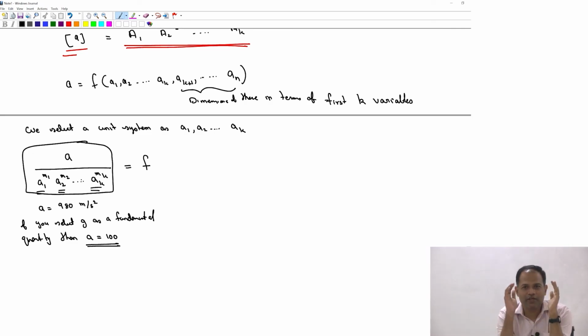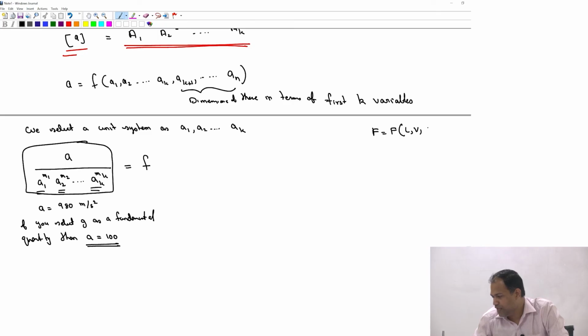I have selected a unit system in which my fundamental quantities are A1, A2, etc. up to AK. In this problem, F is a function of L, V, rho, mu. I want to represent force in terms of length, velocity and density.